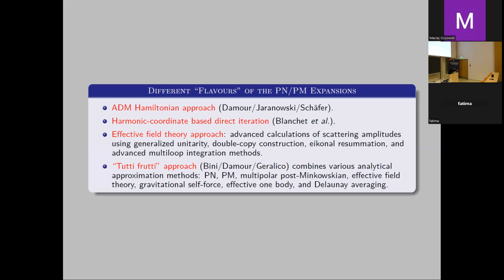Here we have such notions as advanced calculations of scattering amplitudes using generalized unitarity, double copy construction, eikonal resummation, and advanced multi-loop integration methods. All this is very far from my field of expertise, so please do not ask about the details, but I can give you a lot of references, very fresh ones.